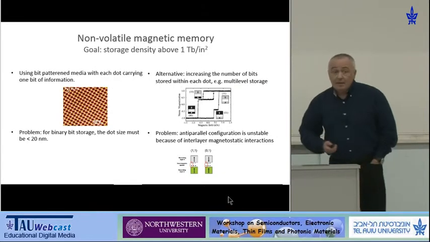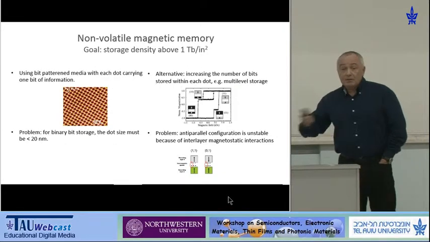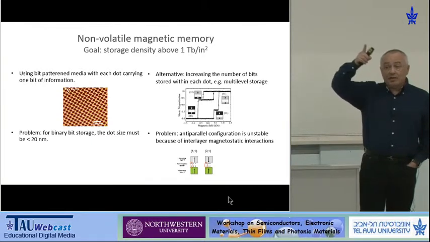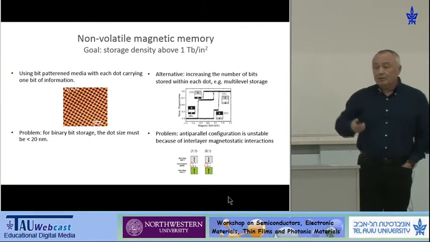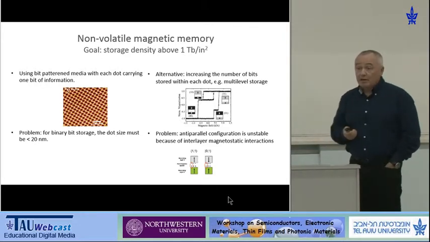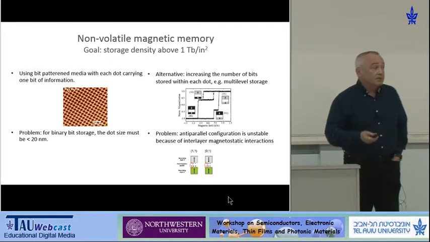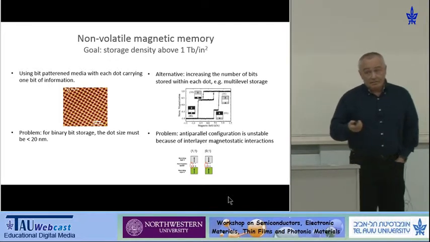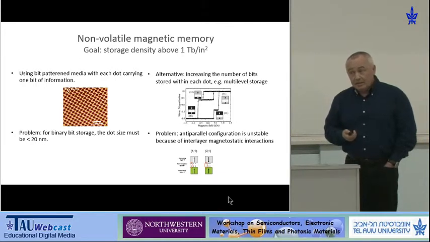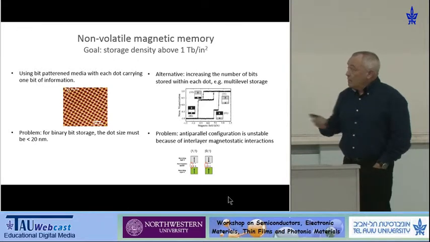Now, a sensor is good when our magnetic response does not have hysteresis. But if we have a material with perpendicular anisotropy, for instance, and we have hysteresis, then these materials can be used for memory. Now, what people do today in order to increase the memory capability, there are 2 ways.